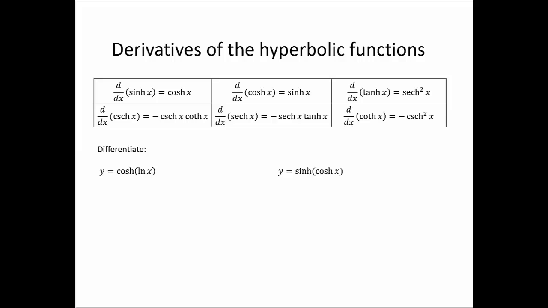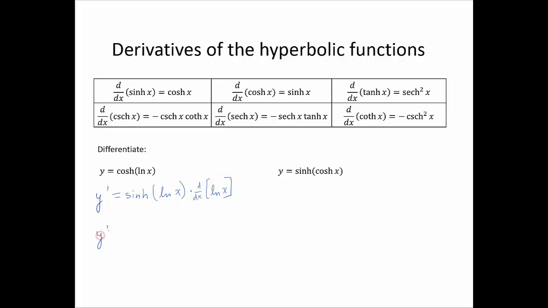Let's look at a couple of examples now with more complicated functions. Here we're asked to differentiate y equals hyperbolic cosine of natural log x. Using the chain rule, then y prime would be the derivative of the hyperbolic cosine, the hyperbolic sine of the quantity, using the chain rule then, times the derivative of the natural log of x.